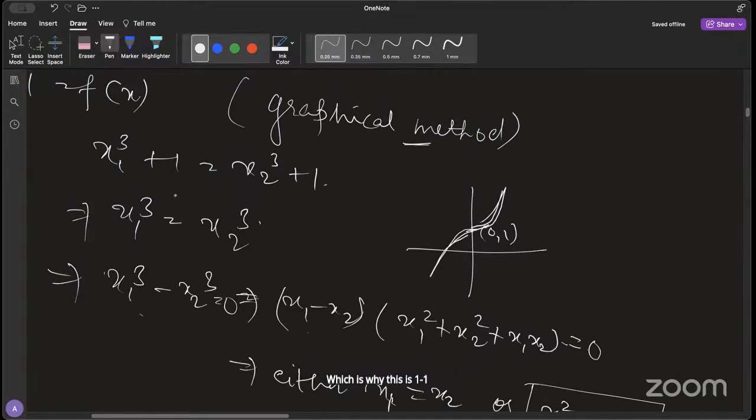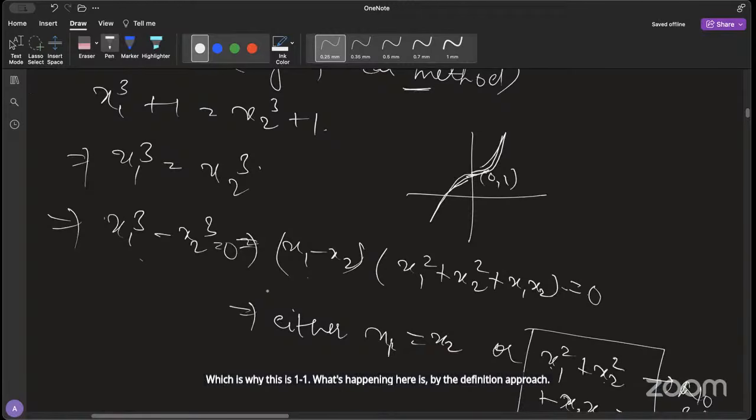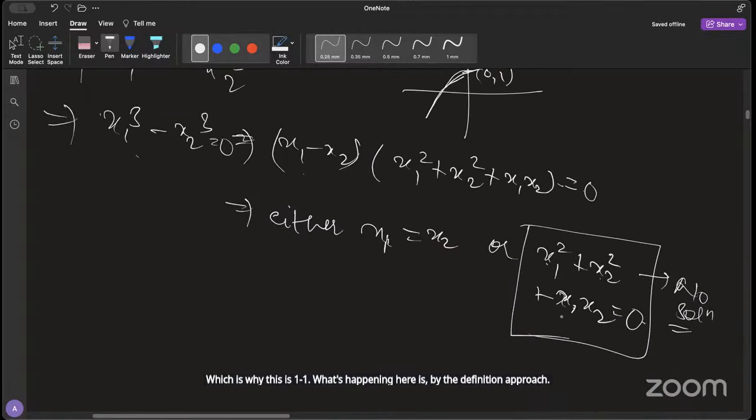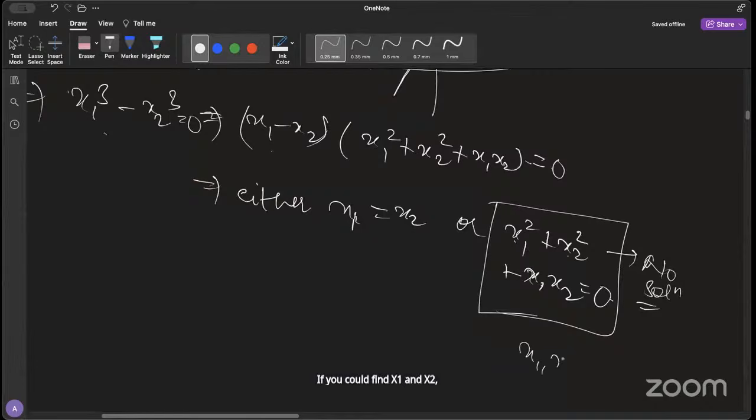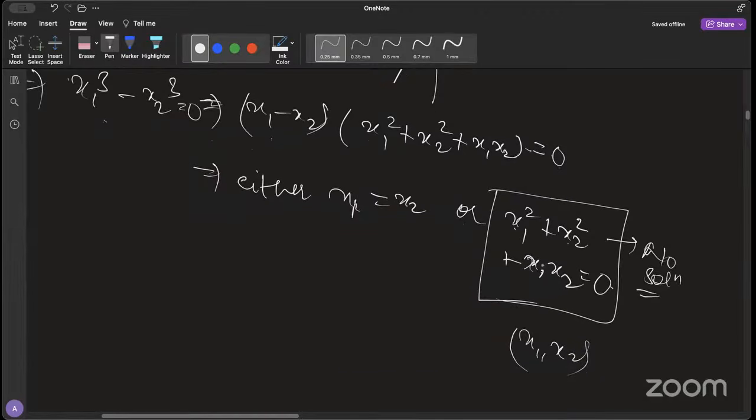What's happening here is, by the definition approach, if you could find x1 and x2 such that this expression becomes 0, then what would happen? If this expression is 0, that means there are x1 and x2, both not equal, so this relation is not necessary.